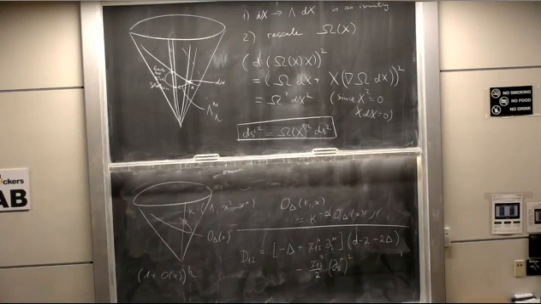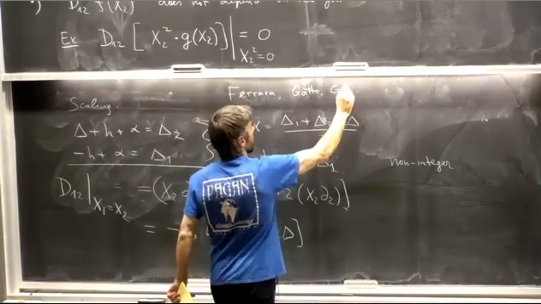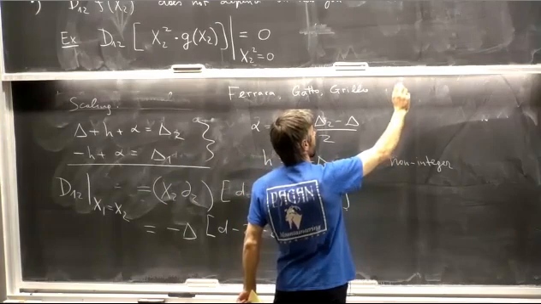So I actually know a paper where this idea comes from. It's an old paper of Ferrara, Gatto, and Grillo, which was from the early period of conformal field theory.